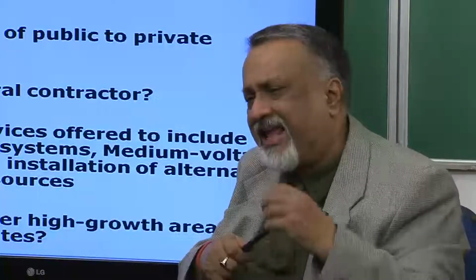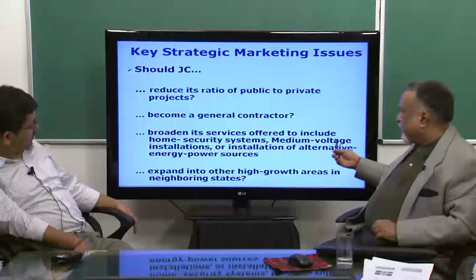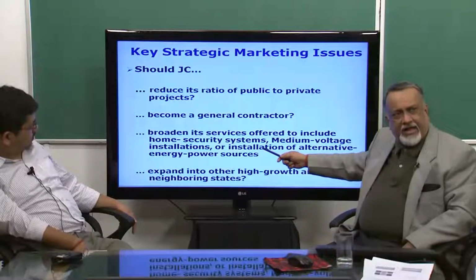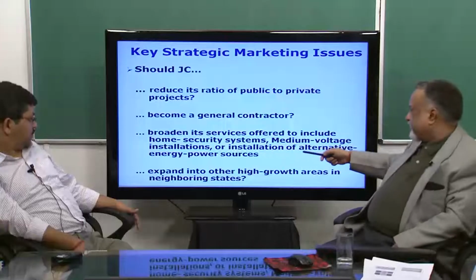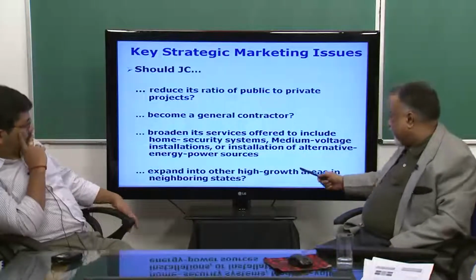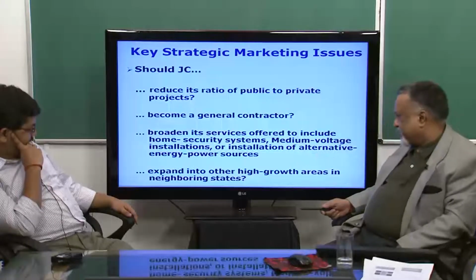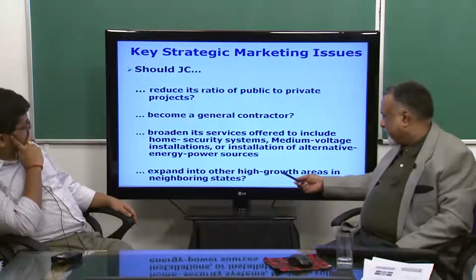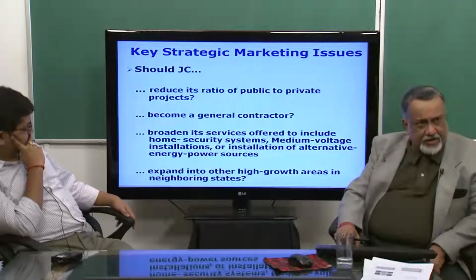Here we are asking: should JC company reduce its ratio of public to private projects, should it become a general contractor, should it broaden its services to include new, emerging competitive areas like home security systems, medium voltage installation, installation of alternative energy sources like solar power, and expand into other high growth areas in neighboring states beyond the eastern states.